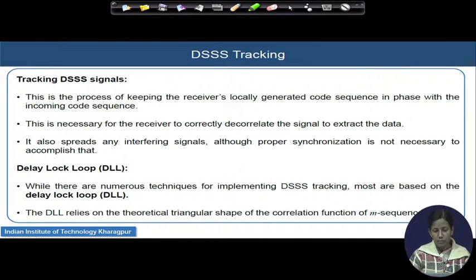Now, let us enter into the PN tracking mechanisms of direct sequence spread spectrum signals. We understand that the process of keeping the receiver's locally generated code sequence continuously aligned in phase with the incoming code sequence is called tracking. And why does it continuously need to be monitored?